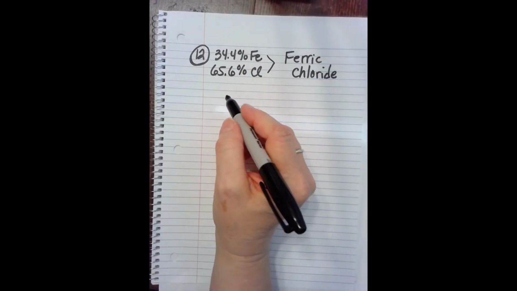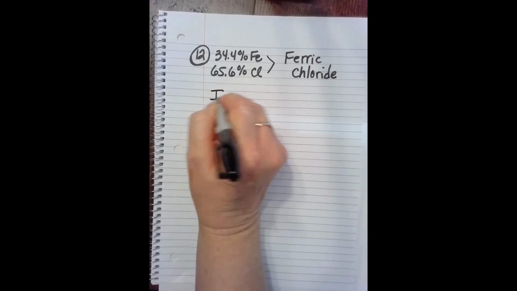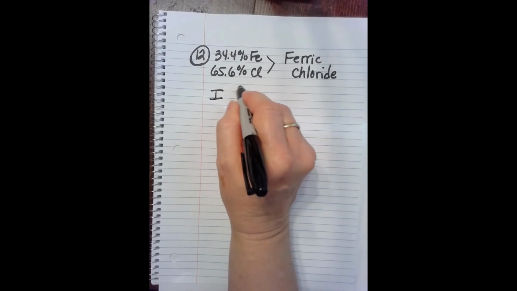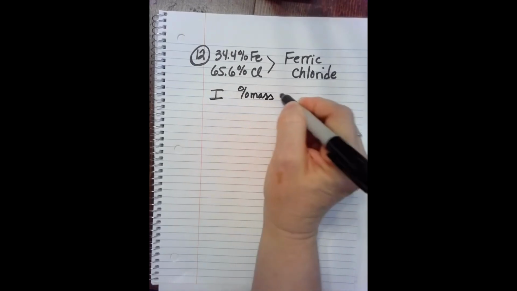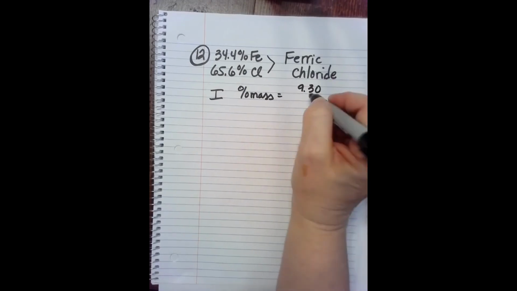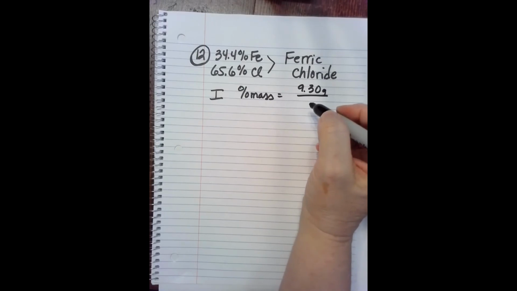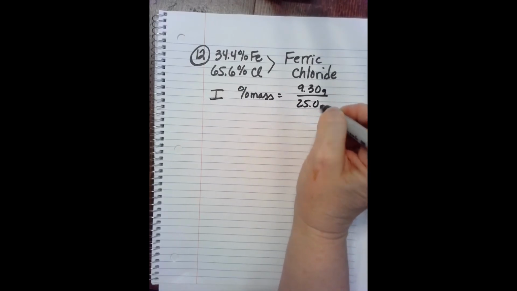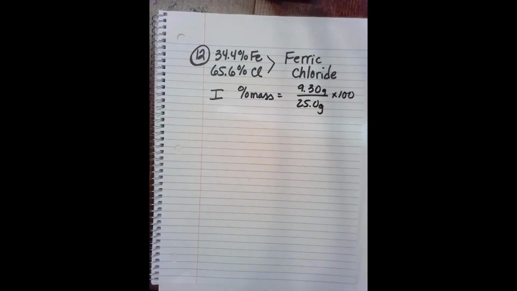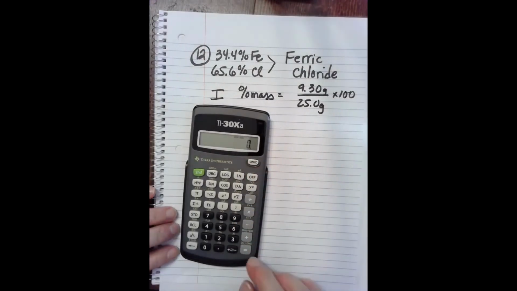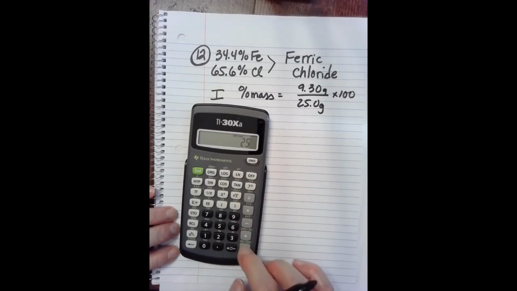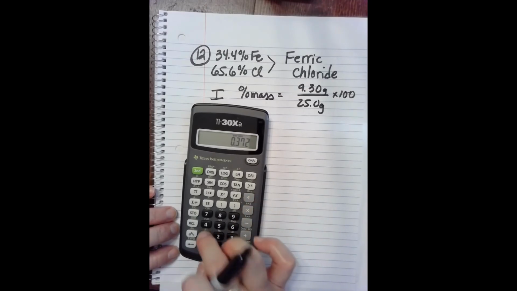I'm going to take the first mass. In compound 1, how do we get percent mass? Percent by mass equals the mass of the iron, 9.3 grams, over the mass of the sample from the chart, 25 grams, times 100. So I'm going to pick up my calculator: 9.3 divided by 25 times 100.